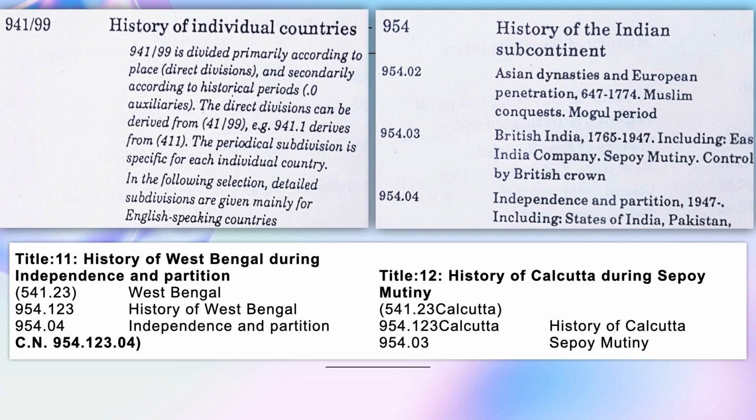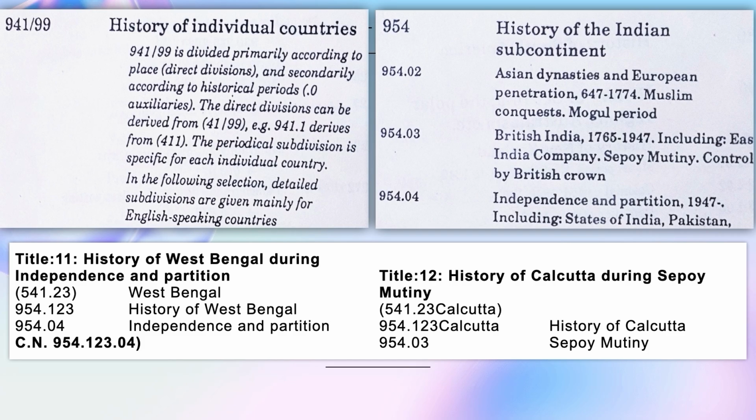So you see 541.23 is West Bengal. Then we use alphabetical device, that is CALCUTTA. So the Calcutta number will be within parenthesis 541.23 Calcutta. So 954.123 Calcutta will be the class number of history of Calcutta.